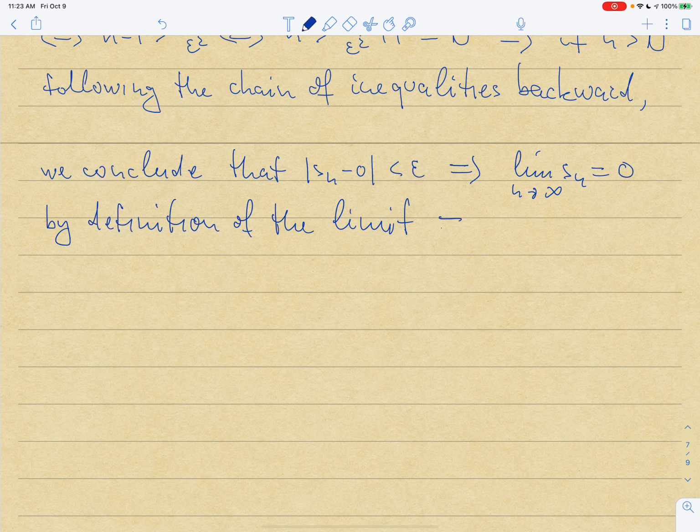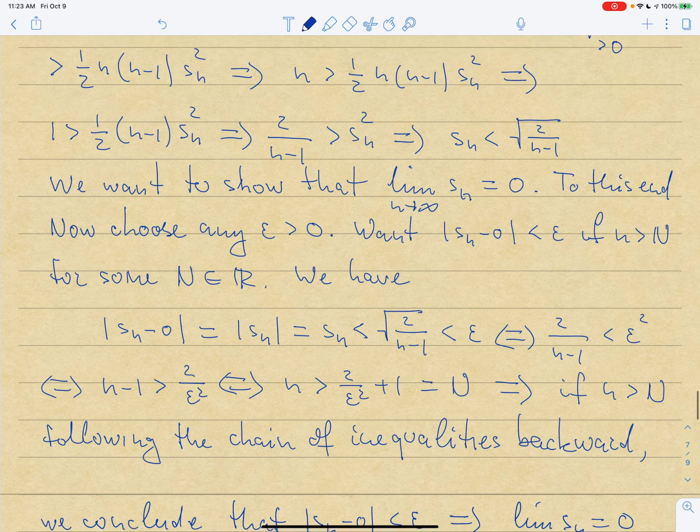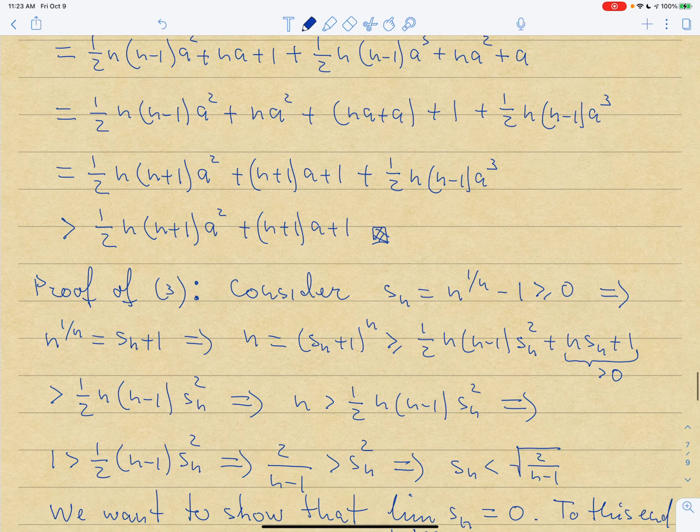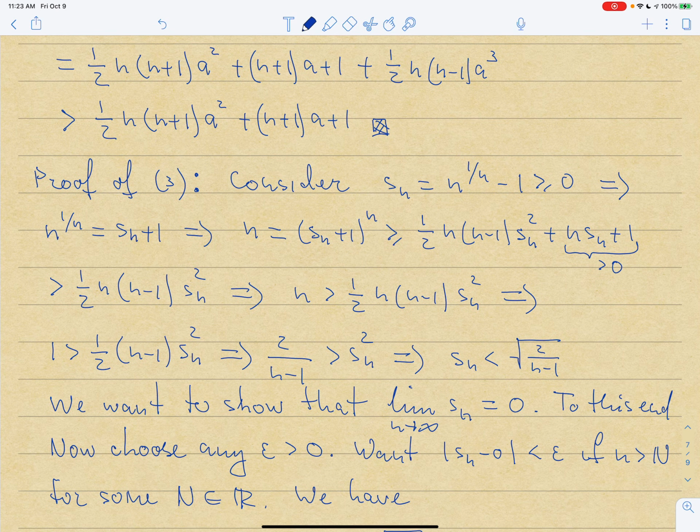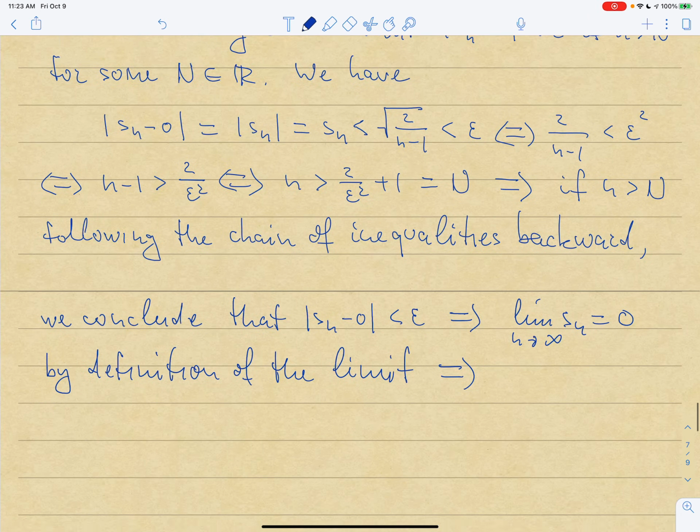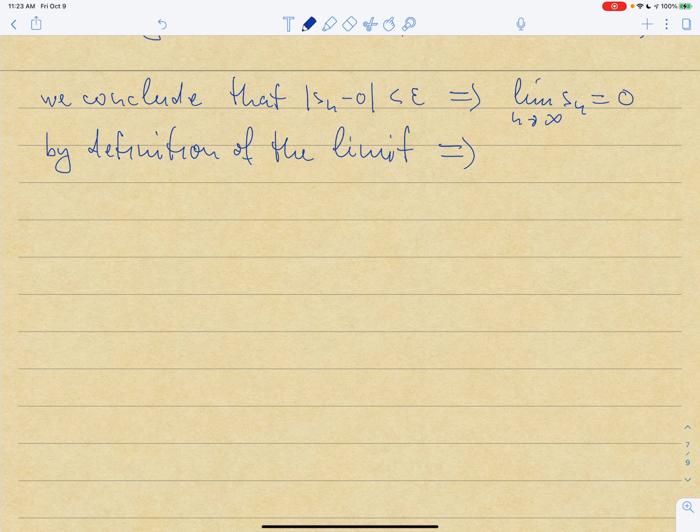Okay, so if that is the case, what is Sn? Sn was defined as n to the power 1 over n minus 1. So what we conclude, then, is the limit as n goes to infinity of n to the power 1 over n.